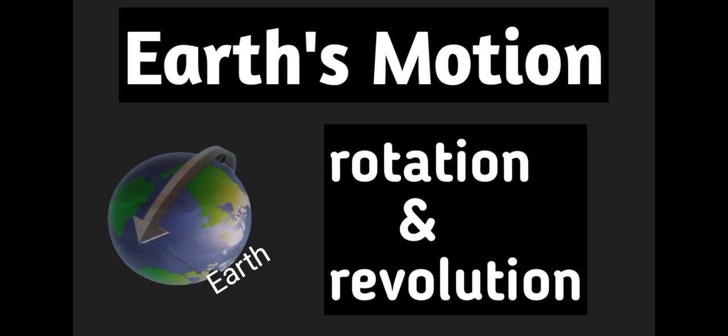The part of the Earth facing the sun receives the sun's light and has day. The part that is away from the sun has night.